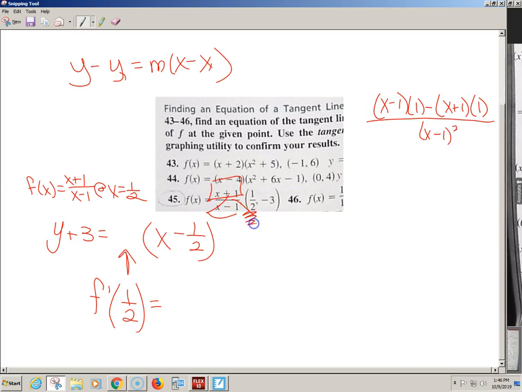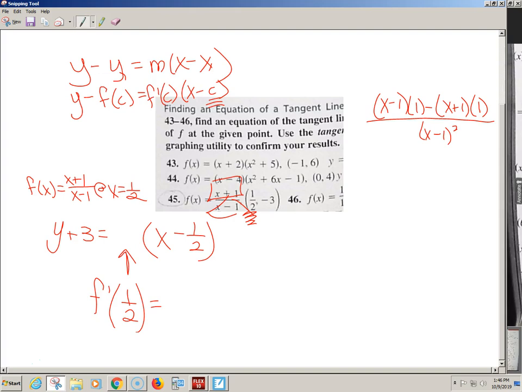And you do that by plugging in. My other form of the tangent line equation is maybe they give you a c, and you need to plug in to find your y, and plug in to find your slope.